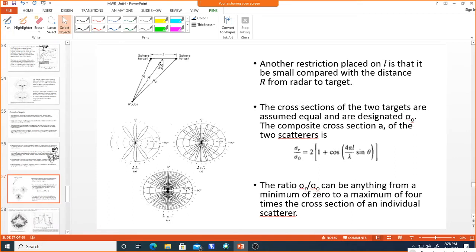You can see here the sphere targets, both separated by distance L. This is the range at the center point, and R1 and R2 are the ranges of the two individual targets. This is the actual RCS, as measured with respect to the separation distance.